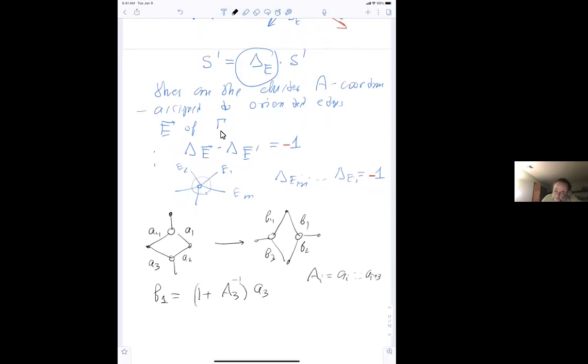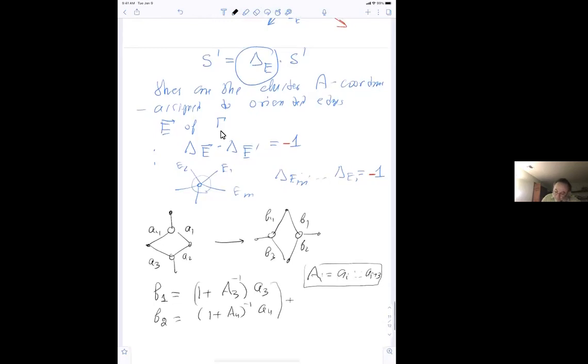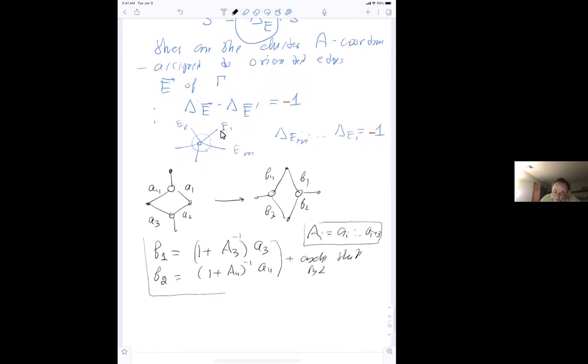So for example, A3, I mean, the definition is given here. Then B2 is a similar formula, plus cyclic shift by 2. So there are simple explicit non-commutative formulas, which tell you how you transform coordinates from the edges of one graph to the edges of the other graph.